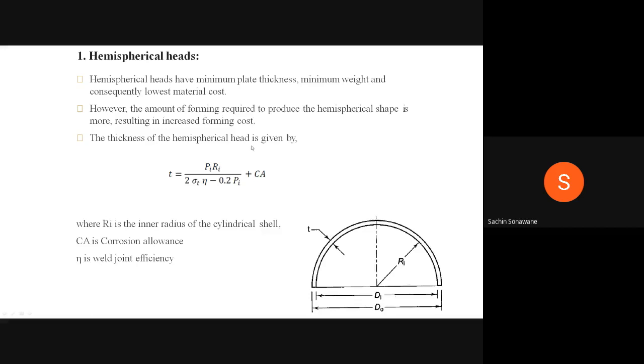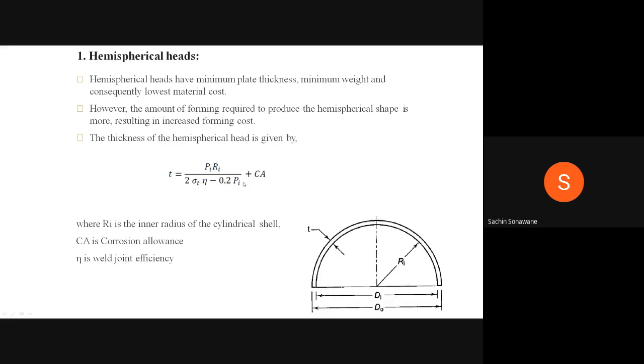The thickness of the hemispherical head is given by t = pi Ri divided by (2 sigma_t eta minus 0.2 pi) plus Ca, where Ri is the inner radius of the cylindrical shell and Ca is the corrosion allowance. Eta is the weld joint efficiency. Therefore, this is the formula for calculating the thickness of a hemispherical head.